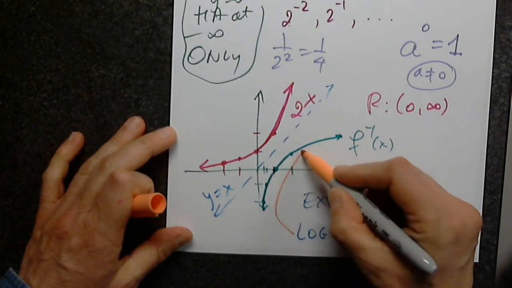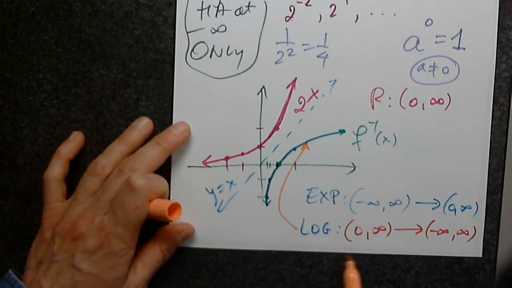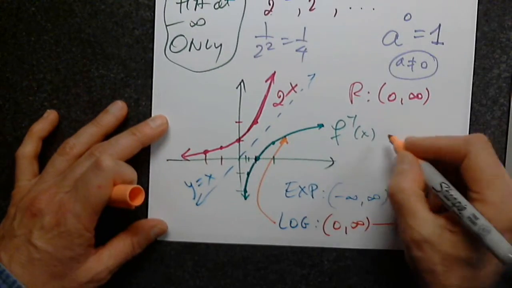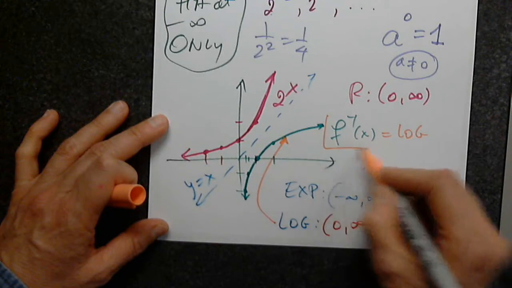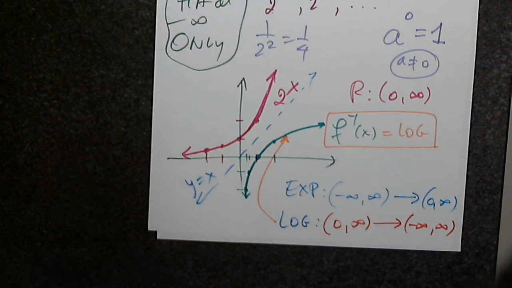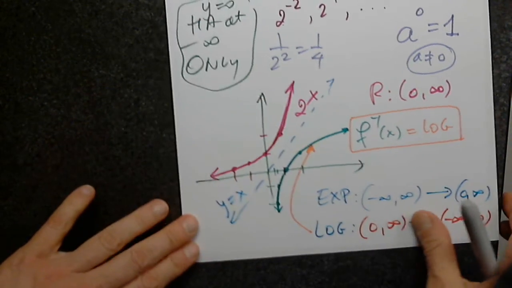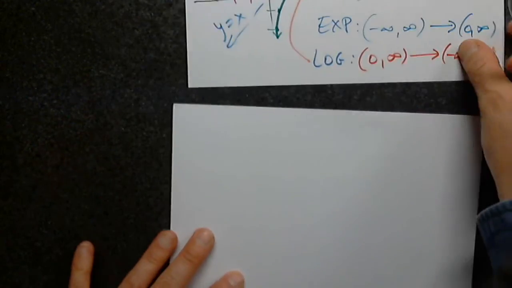The log is this green function. It's the inverse. I named it. I'm sorry about that. I should have put it here as well. Is this okay? Perfect.